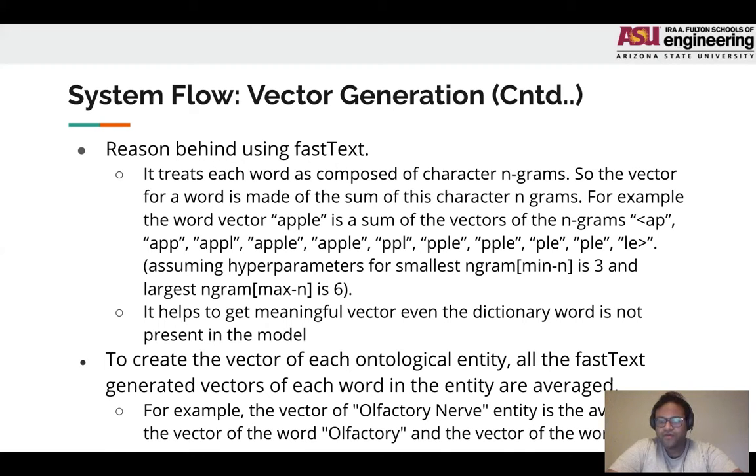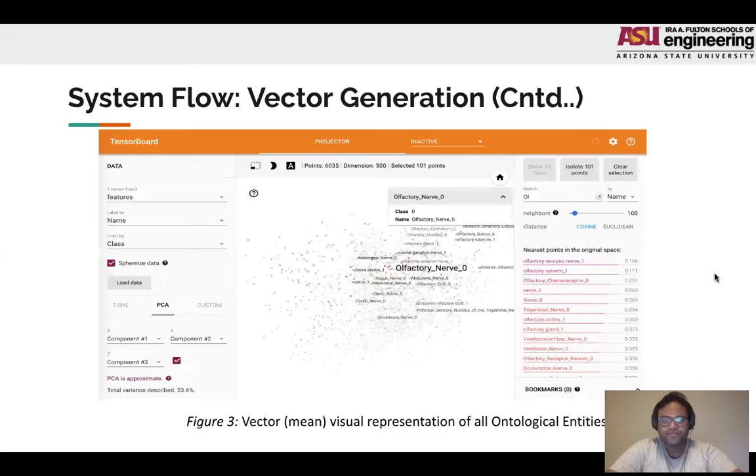So even if the word is not present in the dictionary, it still gives us a vector that we can start with. That is the main reason we use FastText vectors. This is a simple 3D representation of all the classes we have. One example we can see is olfactory nerve and all the information. This is a 3D representation of our vector.